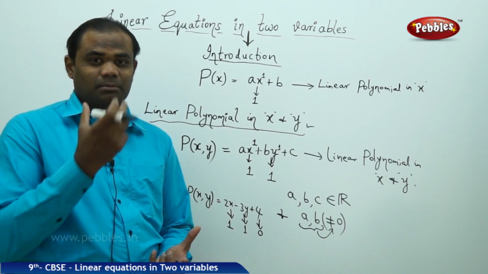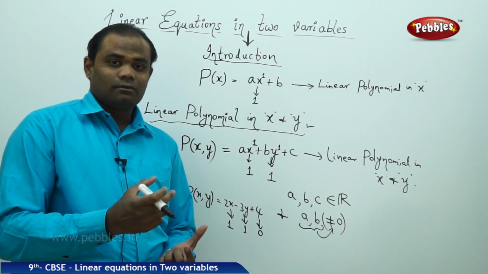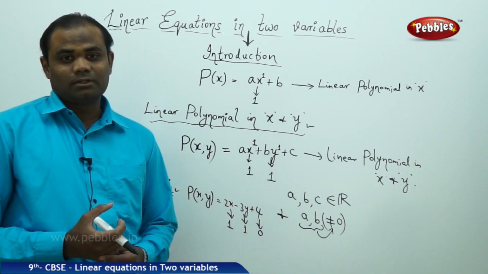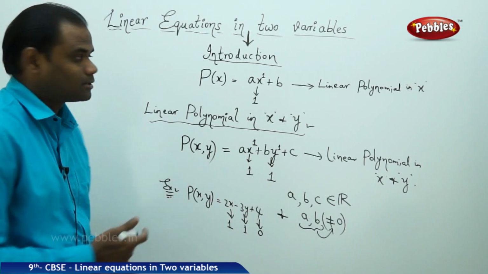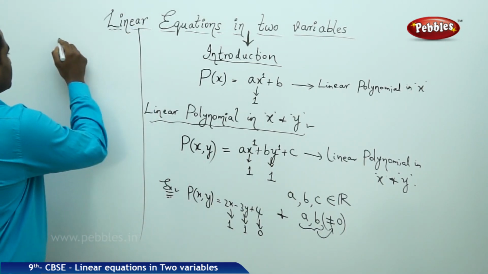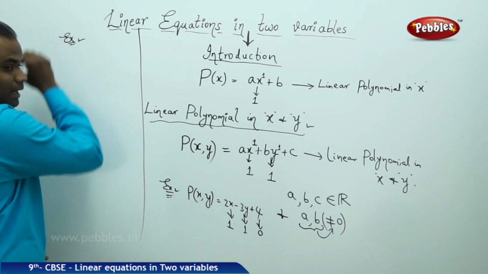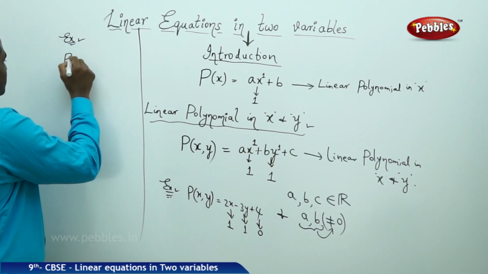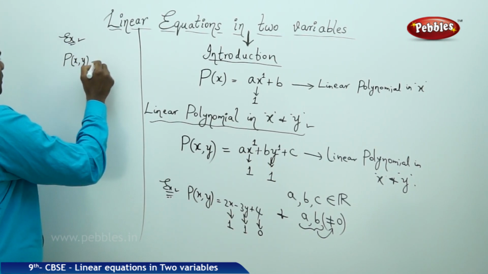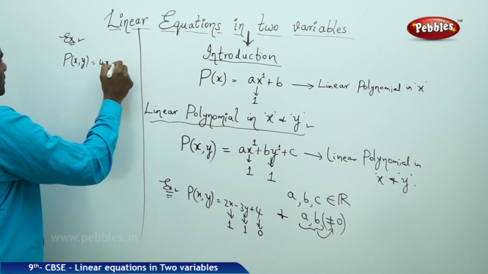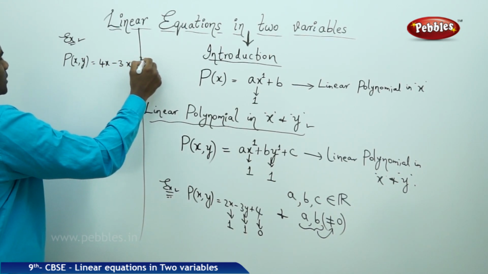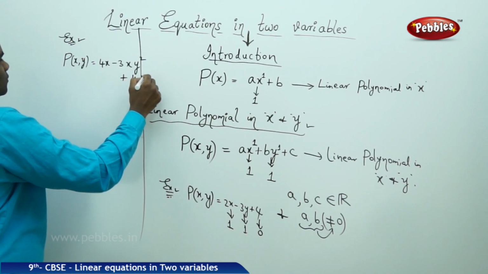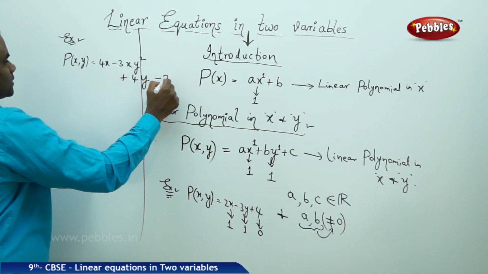Now let's take an example problem where we do not have a linear polynomial. The contradictory example to this is what we are going to discuss next. For example, I have p of x, y is 4x minus 3xy plus 4y minus 3.